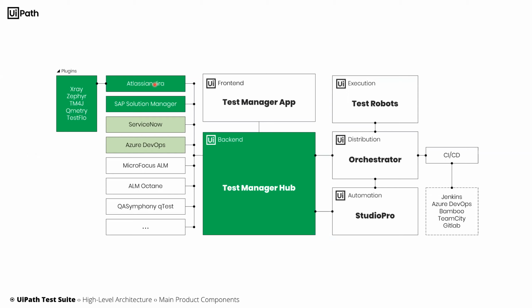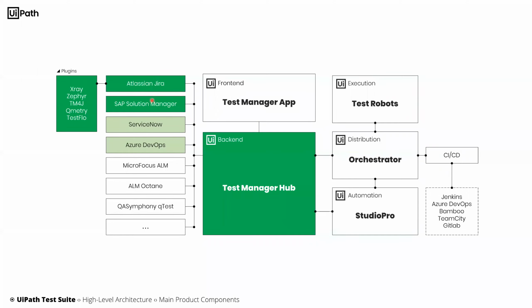We will not tell you that you have to use a different tool because you want to do testing with the UiPath Test Suite. The same holds true for defect management. Whatever tool you use, stick with it. If you have a working process, no need to change that.